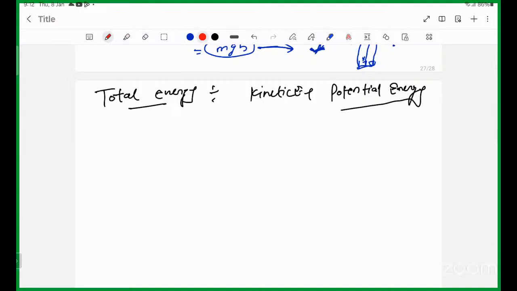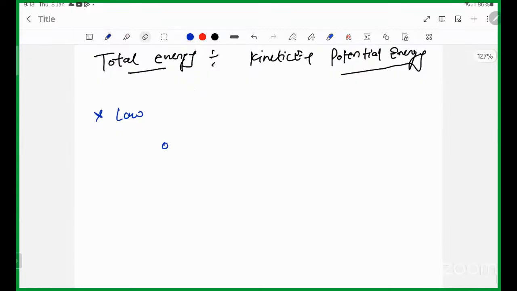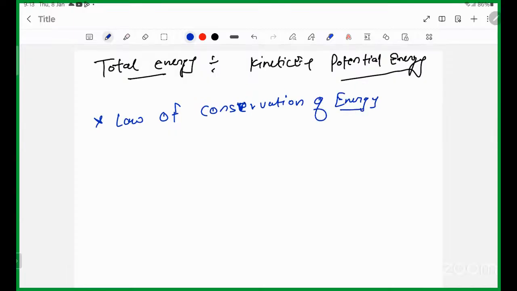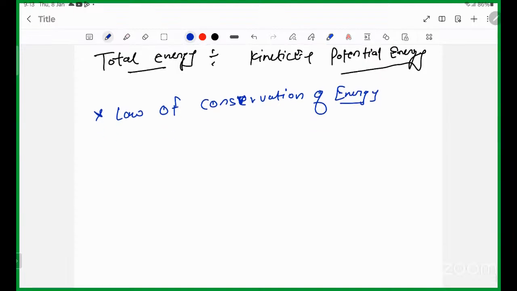What does the law of conservation of energy state? It is that energy is neither created nor destroyed.